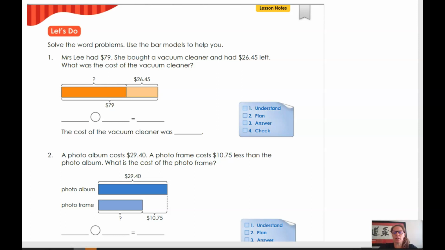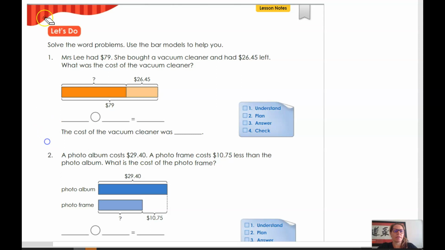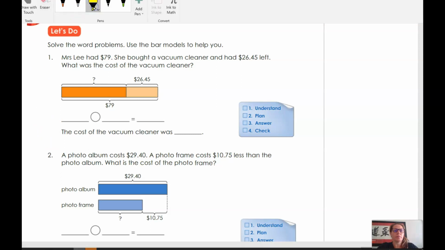But for everyone else who would like to do the first question, let's do it. So here, Mrs. Lee had $79. She bought a vacuum cleaner and had $26.45 left. What was the cost of the vacuum cleaner? So let's understand this.